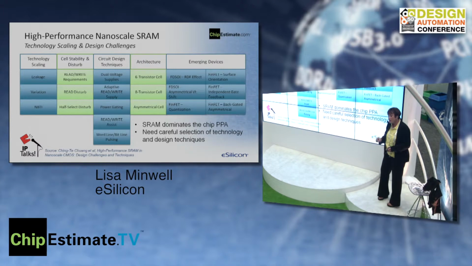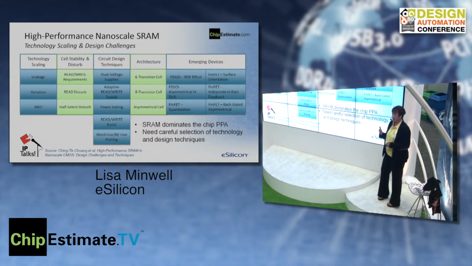But if you look at the memory in particular, that's not necessarily the case. The leakage aspects of the memory have not necessarily been scaling. The performance has not necessarily been scaling. And the problem is because there's been so much variation on chips, so much variation in the process.